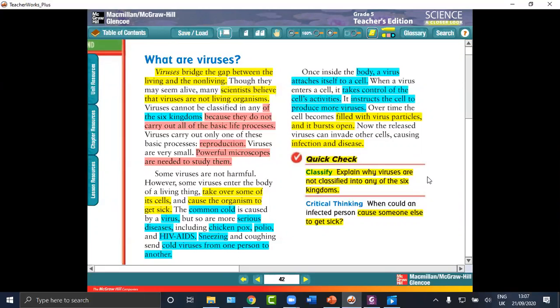They cannot perform all the basic life processes of growth, use of energy, getting rid of waste, and response to the environment. They can only carry out reproduction.